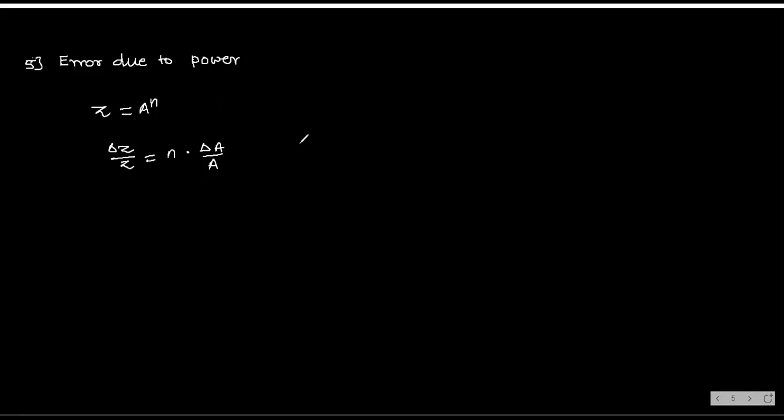And if you want percentage error, so therefore, in this case, percentage error is equal to n into delta a by a into 100. This is what percentage error.